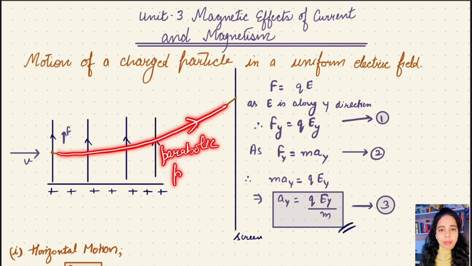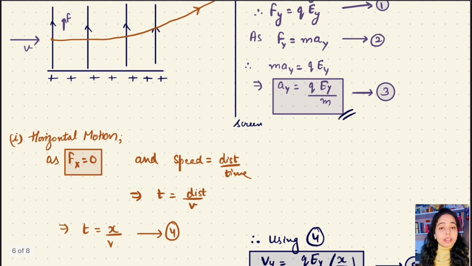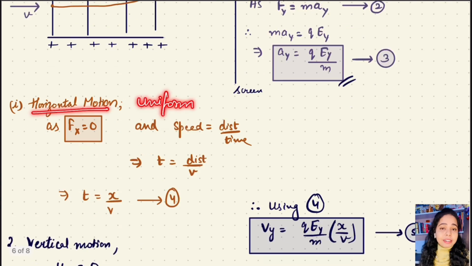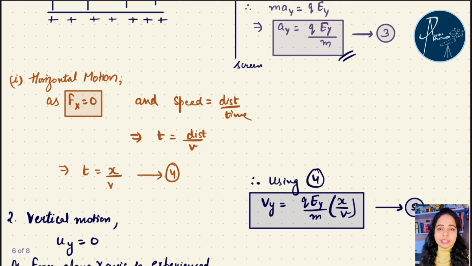This parabolic path is followed by the particle because it has two motions, that is a uniform motion along the horizontal direction and uniformly accelerated motion along the vertical direction. So the combination of these two motions helps the particle to trace a parabolic path in the region of uniform electric field. So I hope you have understood this article.